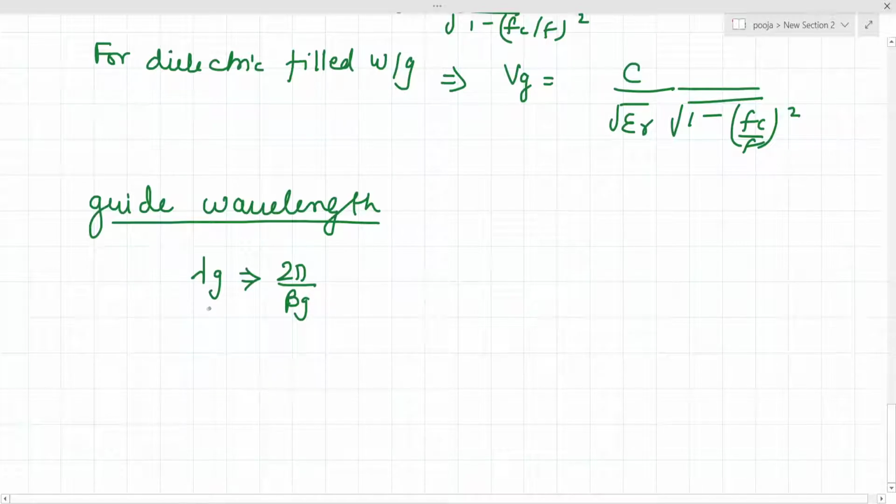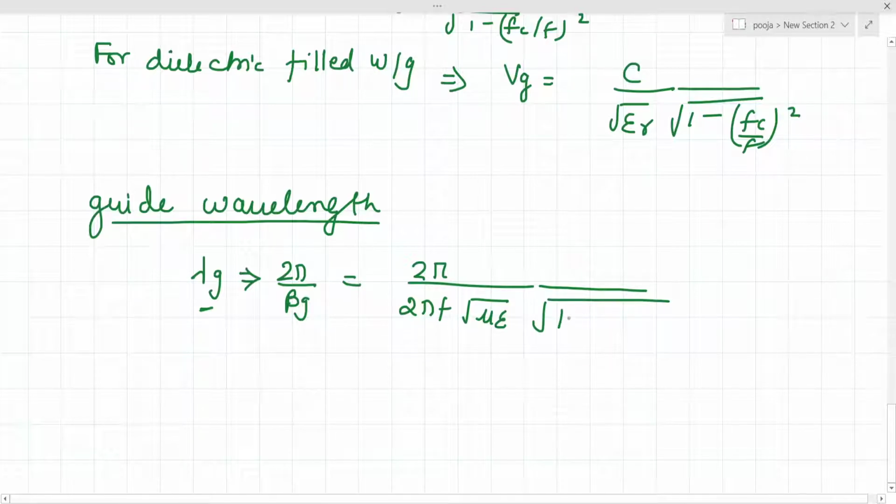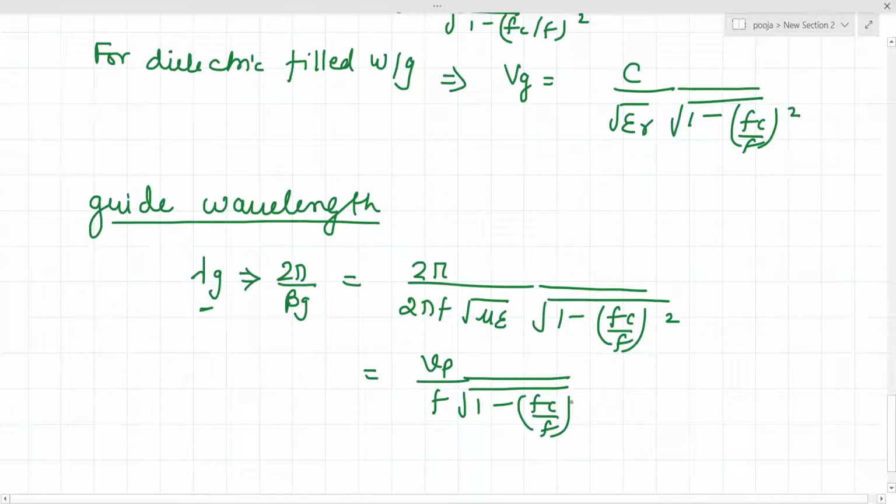So we could write lambda g is equal to 2 pi by beta g, which, after putting the value of beta g from the above equation, where beta g is omega, 2 pi f, under root mu epsilon under root 1 minus (fc by f) whole square, gives lambda g equal to Vp by f under root 1 minus (fc by f) whole square.